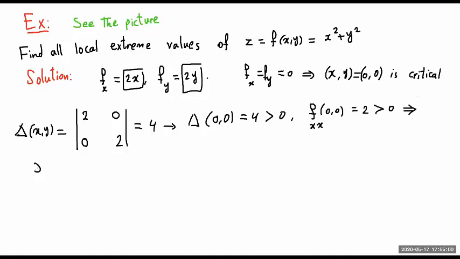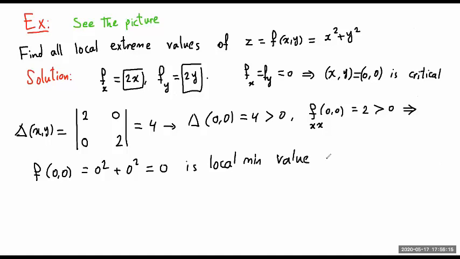So f(0, 0), which is equal to 0 power 2 plus 0 power 2, which is 0, is the local minimum value of the function f(x, y) equal x power 2 plus y power 2.